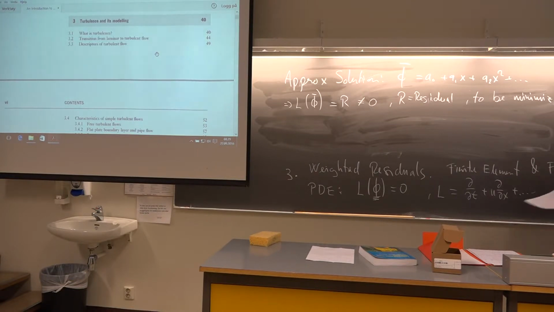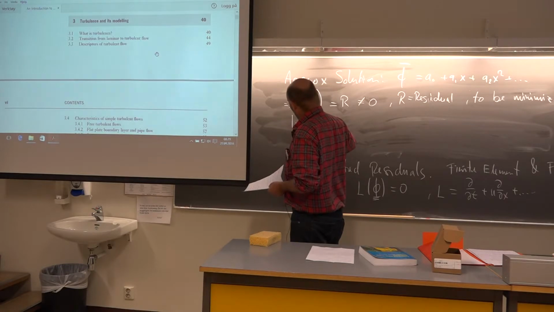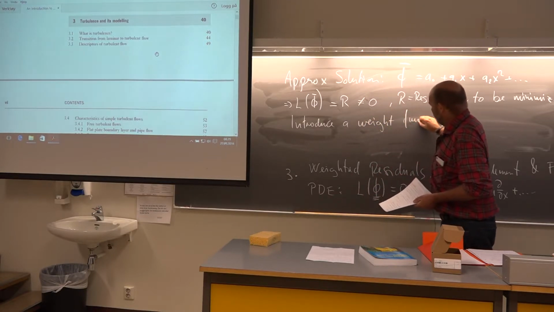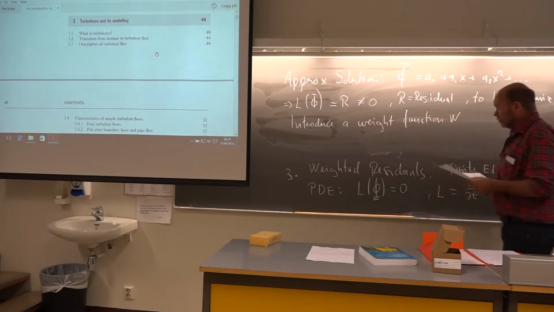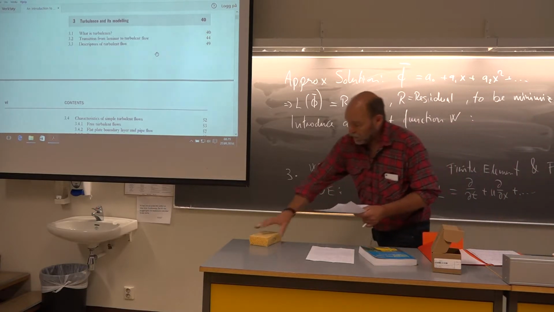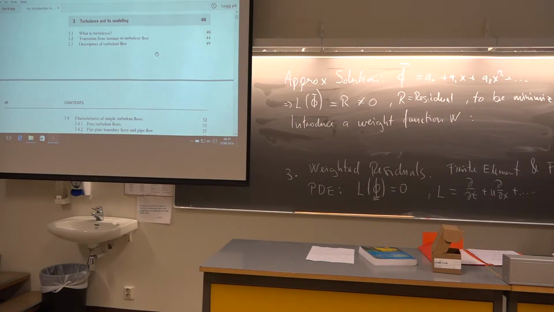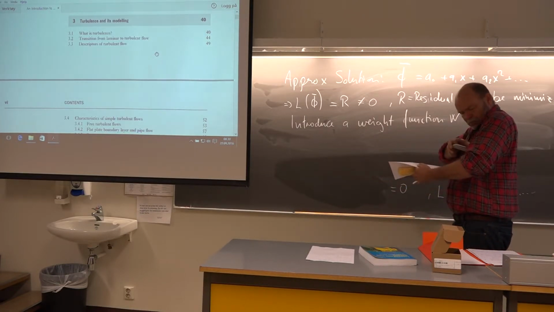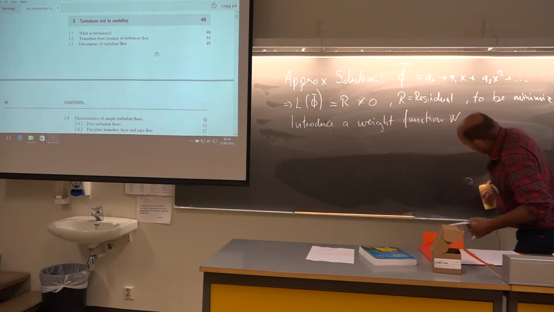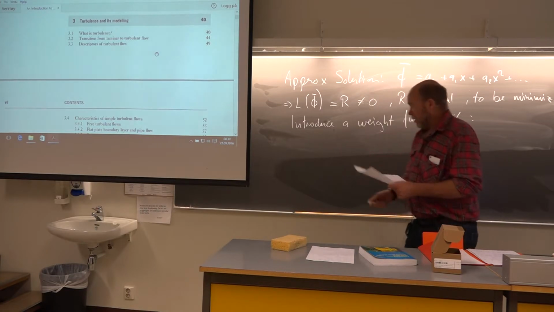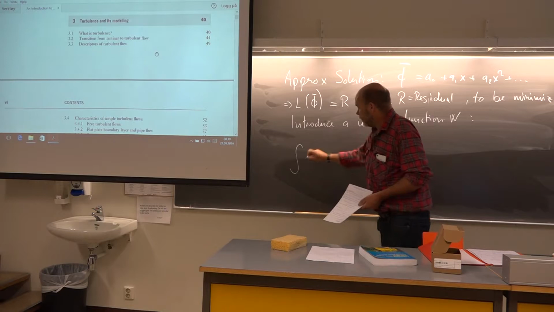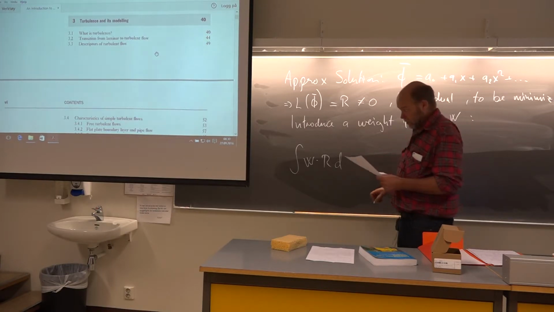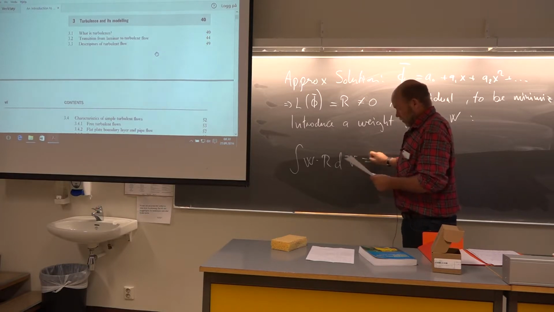We now introduce a weight function W, and then we write it on the form the integral of the weight function multiplied with the residual over an area, or actually a volume, equal to 0.